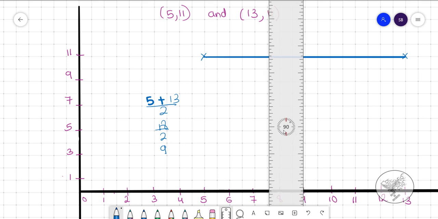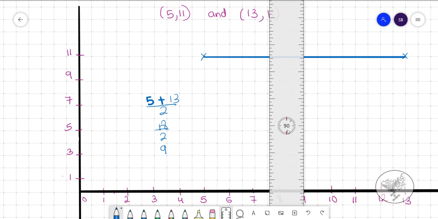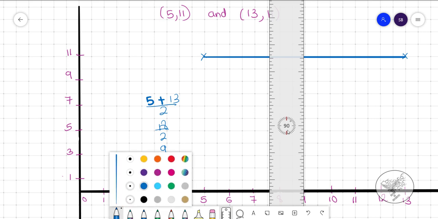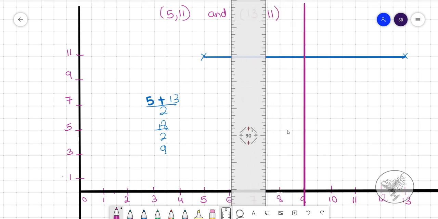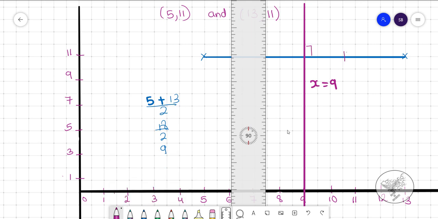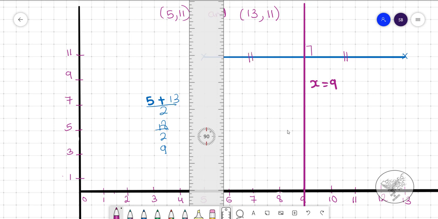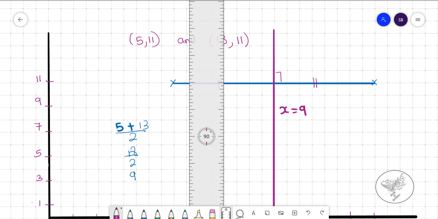So this is my line. X equals 9 is my perpendicular line for this question. This is 90 degrees. This length is equal to this length. So that's it for this video.